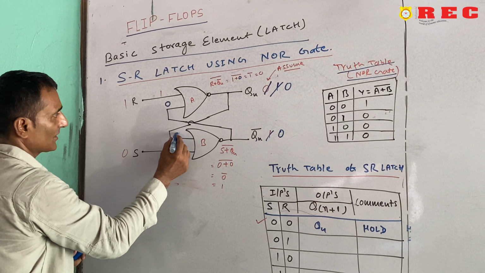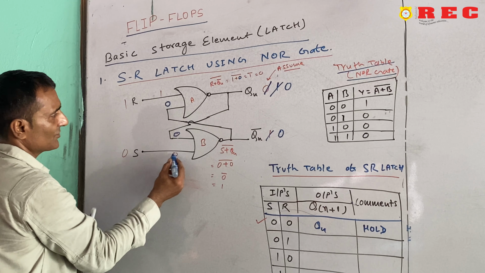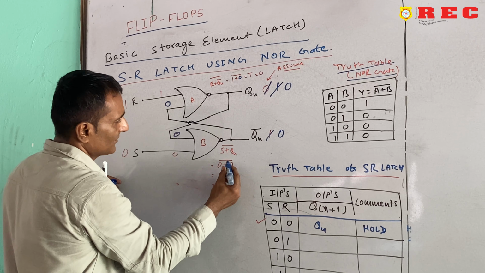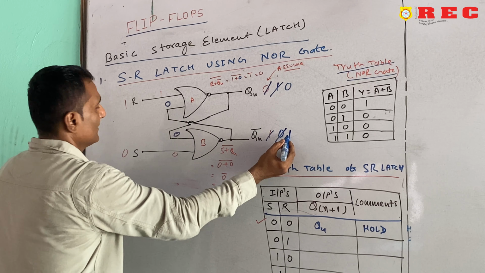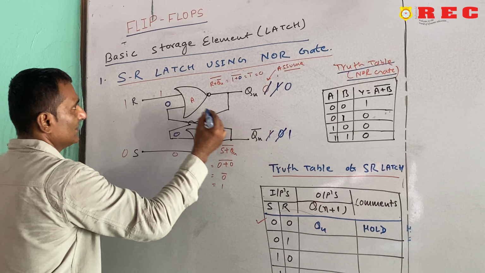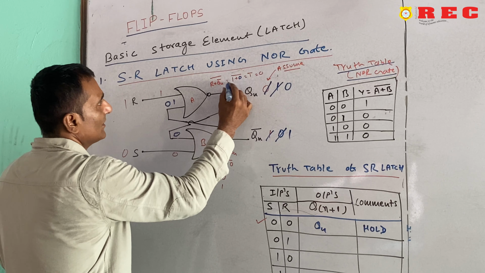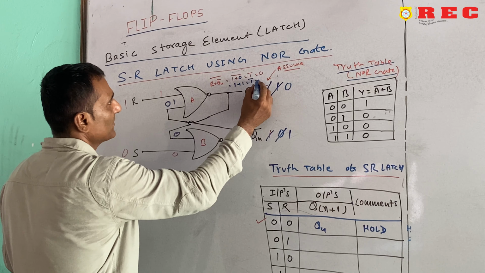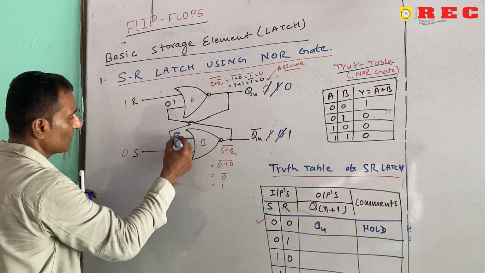This 0 will come again here, this is 0, this is 0 already. So, 0 plus 0, the same operation is going and this is replaced by 1. This again will come here as 1, already here is the 1. If we put in this formula 1 plus 1 is equal to 1, whole complement is equal to 0, and again this is 0.